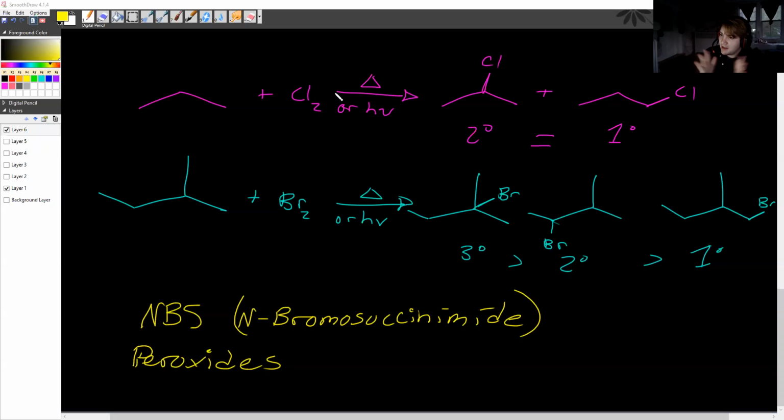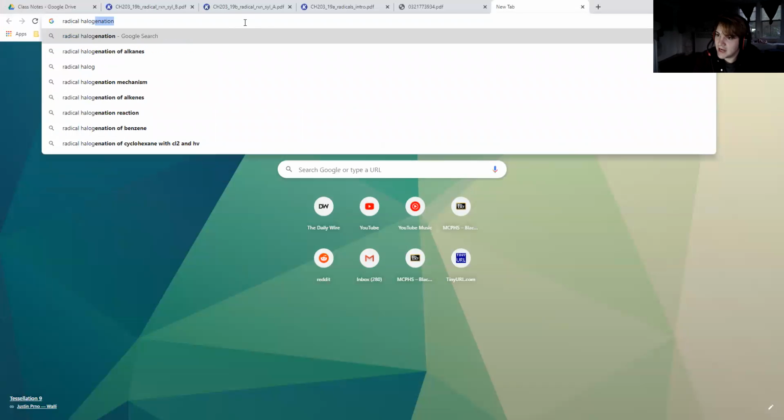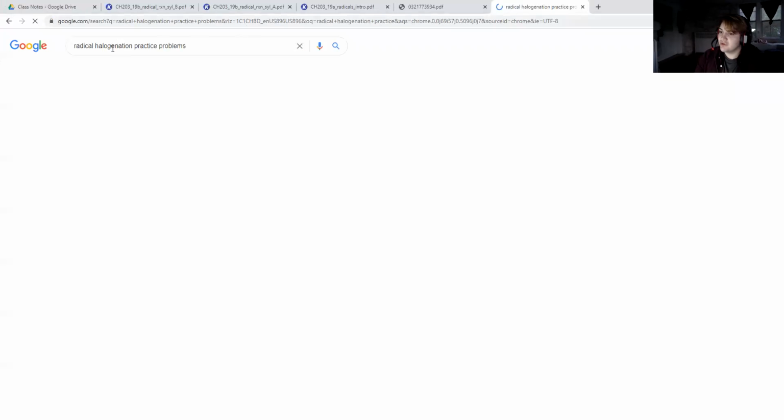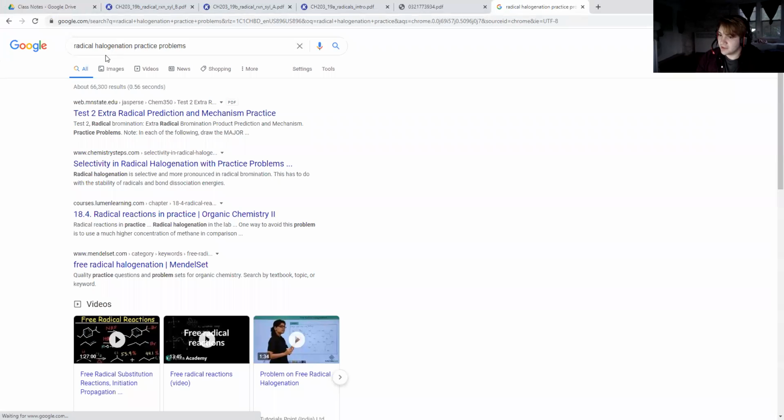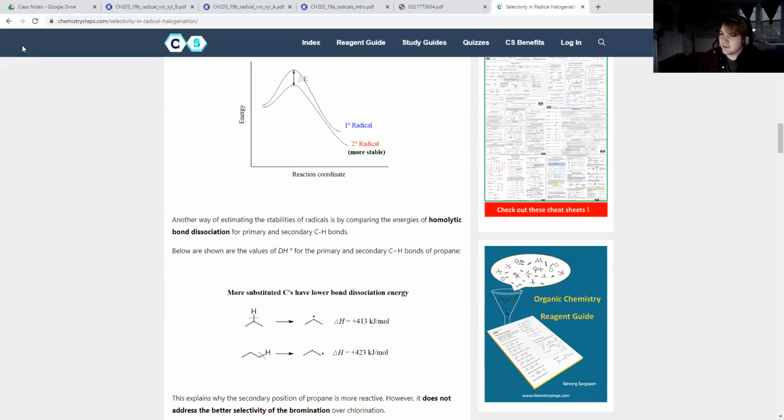The big thing to know about radical reactions is that the best thing to do is practice. So what I just want to show you is different ways that you can look up how to practice things. If you ever think, I really wish I had more radical halogenation practice, and you just try to look this up directly, you're going to get steps on how to do it. And this isn't necessarily what we're looking for.